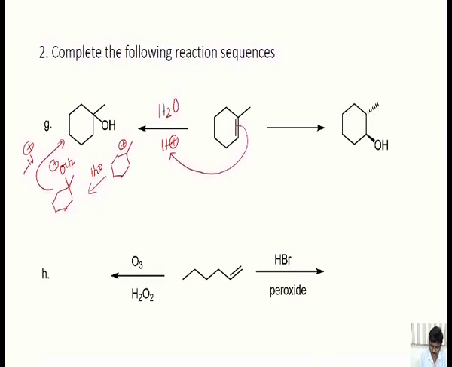On the other hand, if you do hydroboration oxidation, you will get the other regioisomer.